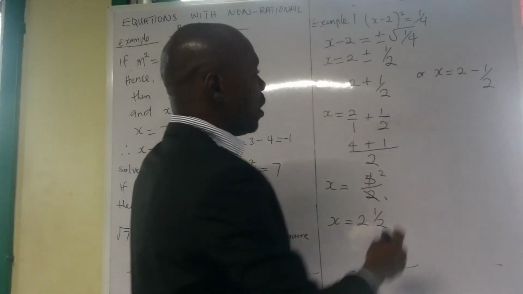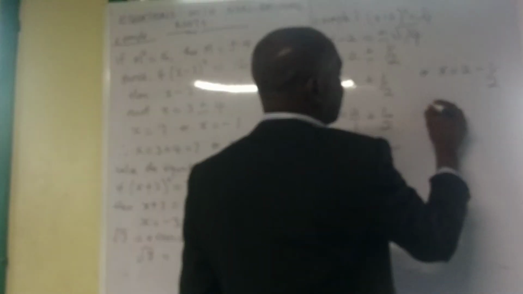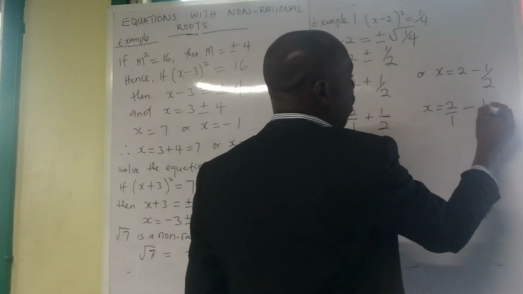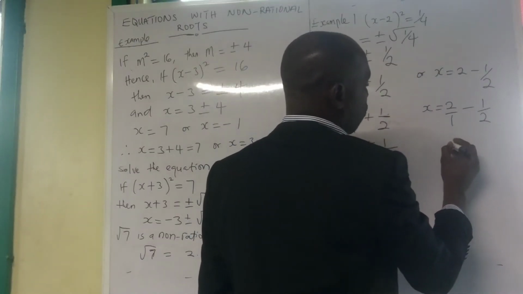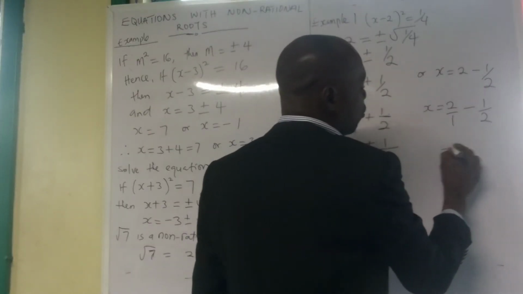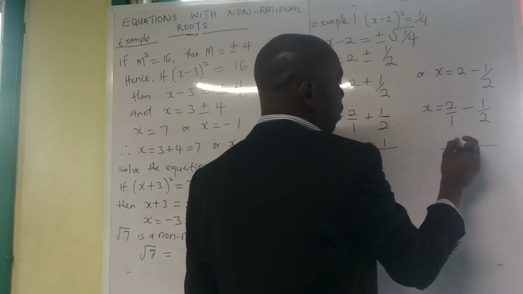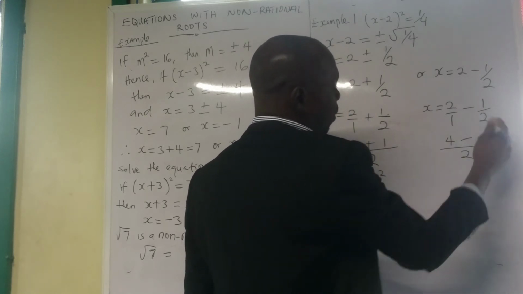So let's come to this other side. This one will now become x equals 2 over 1 minus 1 all over 2. Then we look for what can go into the denominators here. So we pick 2. 2 times 2 is 4, minus 2 into 1, 1 times 1 is 1.